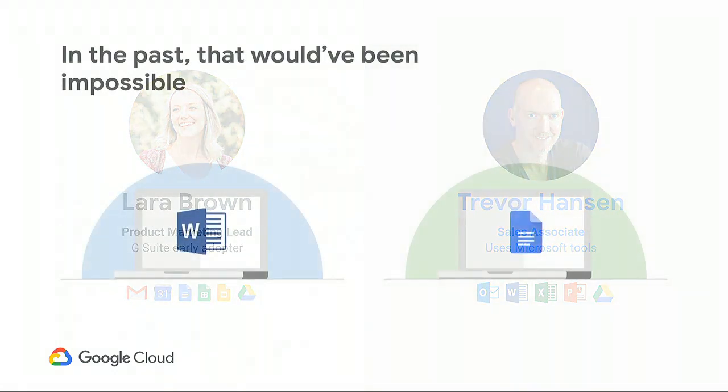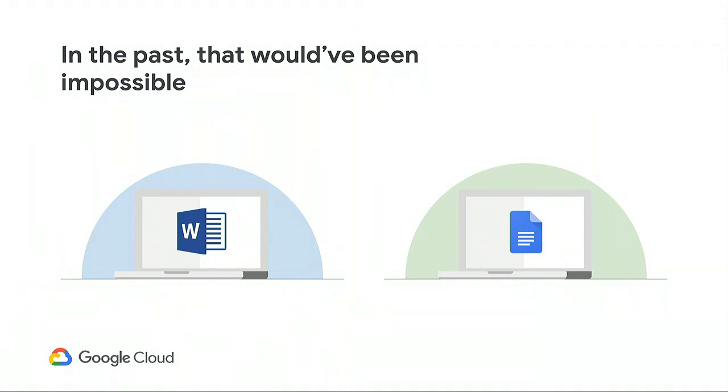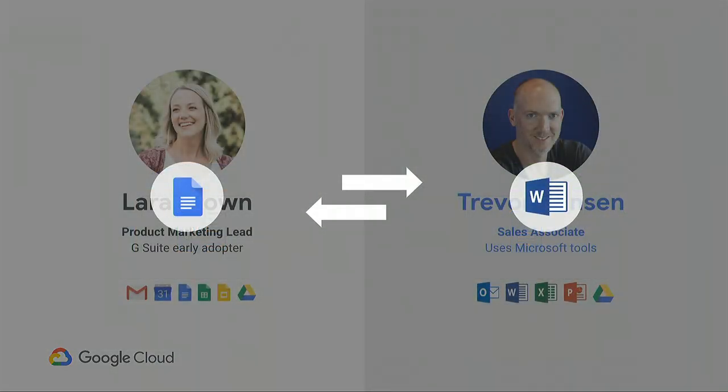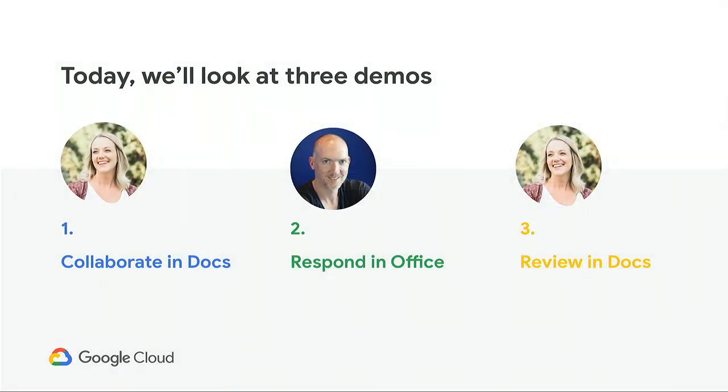Now in the past, these two silos that would have had trouble working together are going to be able to collaborate, bringing real coexistence among these two different ecosystems when you use Office editing. And we're going to show this to you in a three-part demo. We're going to start with Laura working on an Office file that she received from the sales team.